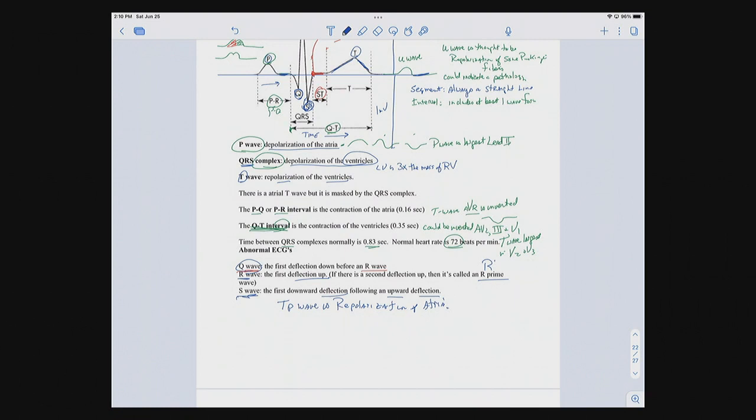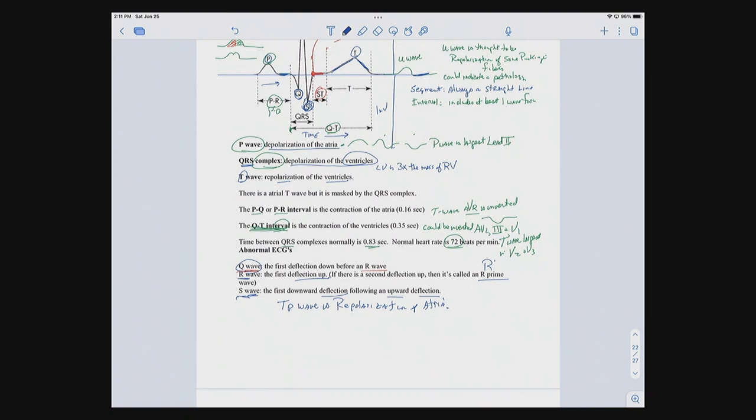So the ventricles depolarize, QRS, they repolarize, T wave. The atria depolarizes, P wave. The atria repolarizes, but typically it happens when you have the depolarization of the ventricles.